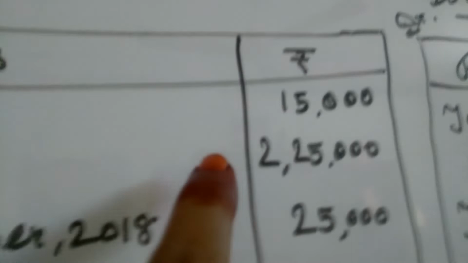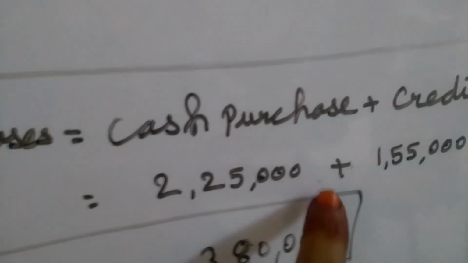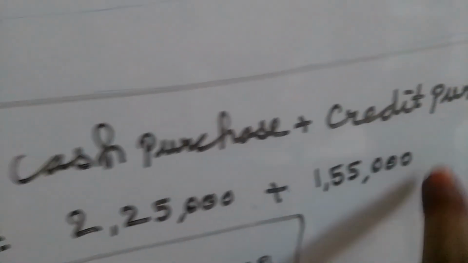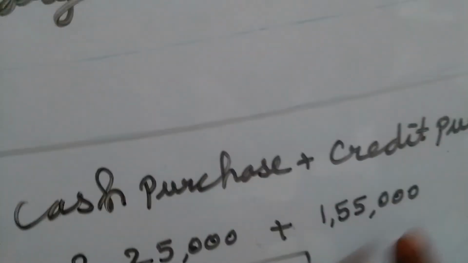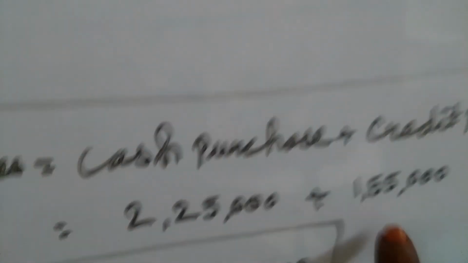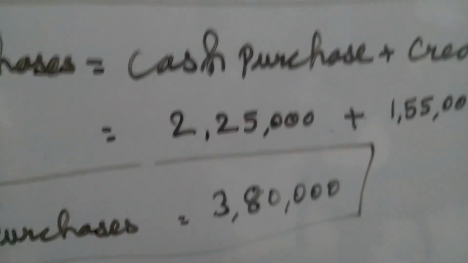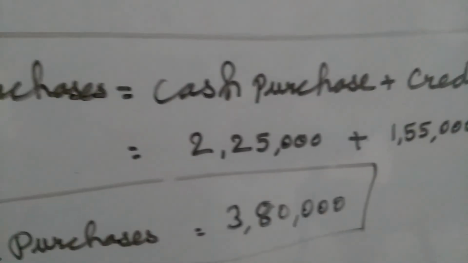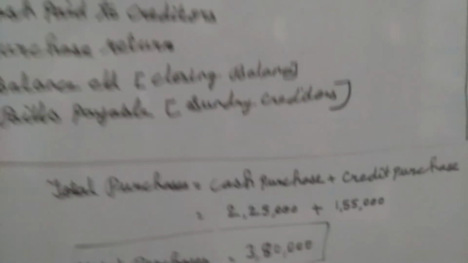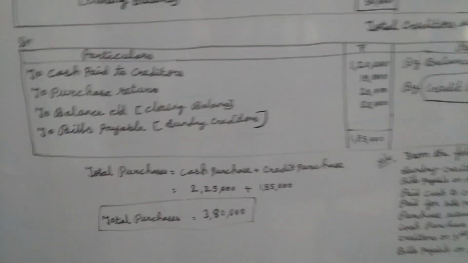Now you take this 2,25,000 and write here, 2,25,000 plus the credit purchase value we found just before, 1,55,000. If you add these two items, cash purchase and credit purchase, we get the total purchase value, 3,80,000. This is the way we have to find the total purchase value, right?